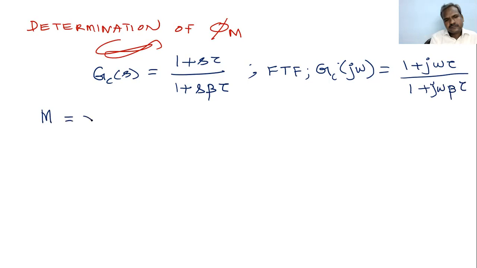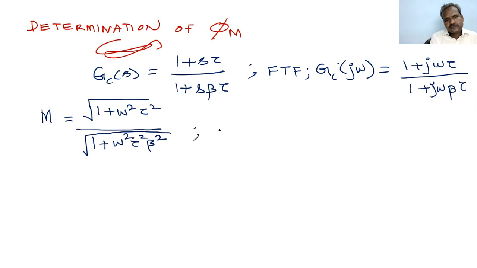M equals the square root of 1 plus omega square tau square divided by 1 plus omega square beta square tau square, whereas the phase angle phi equals tan inverse of omega tau, for the denominator part, minus tan inverse of omega beta times tau.